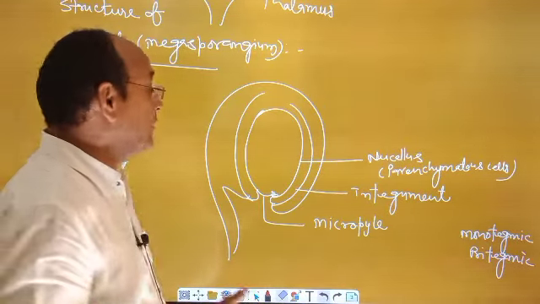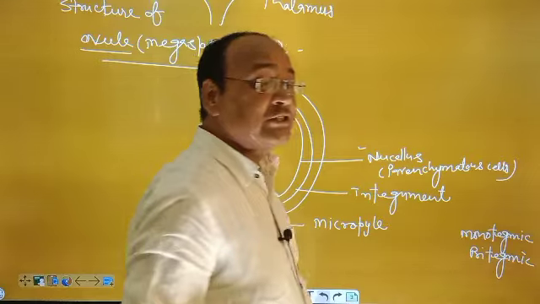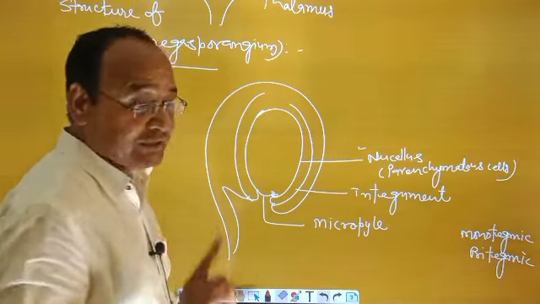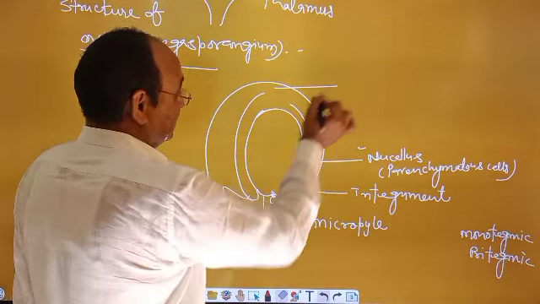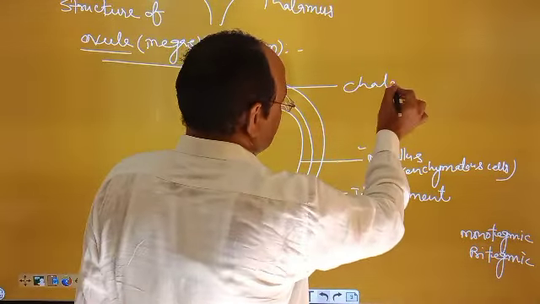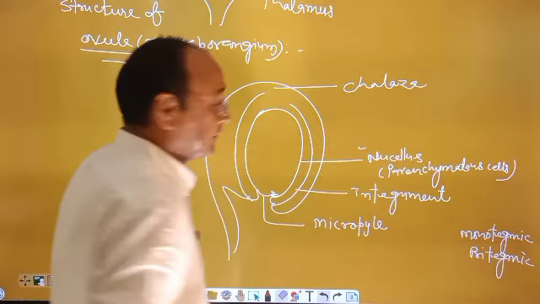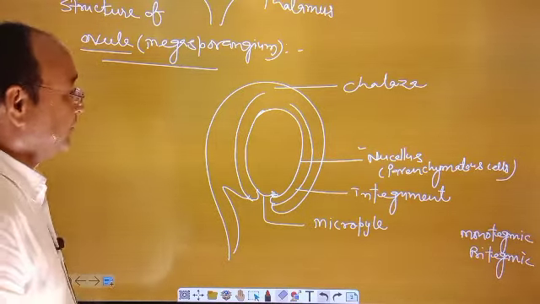So what is micropyle? It is the remaining part of nucellus which is not surrounded by integument. Now the opposite part of micropyle is called chalaza. I repeat, the opposite part of micropyle is known as chalaza.